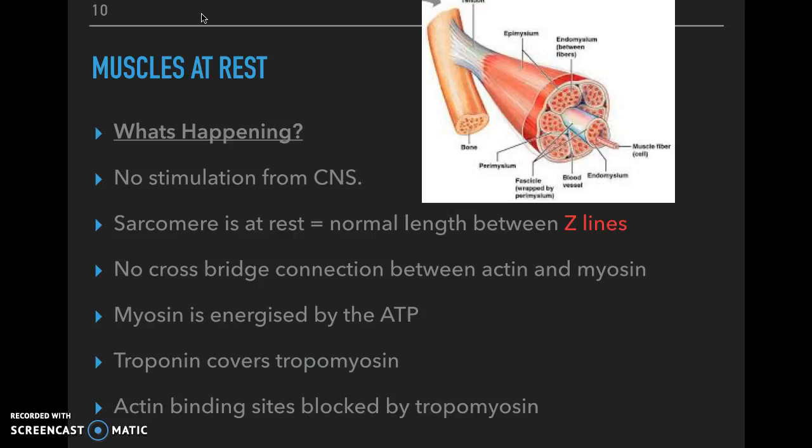The Z lines are not any closer together or any further away. There's no cross bridge, so there's no connection between actin and myosin. However, the myosin is still energized by the ATP. But as the actin is being covered by the troponin and tropomyosin, it's not attaching to make that cross bridge.